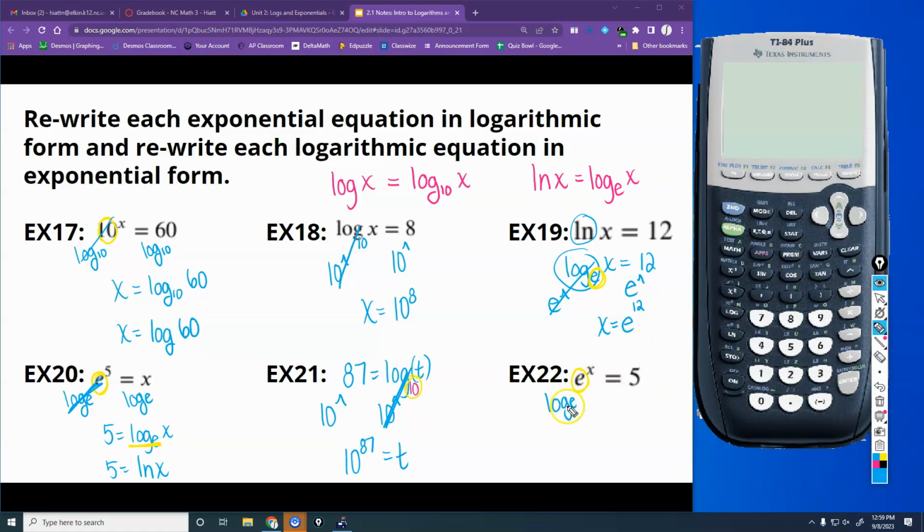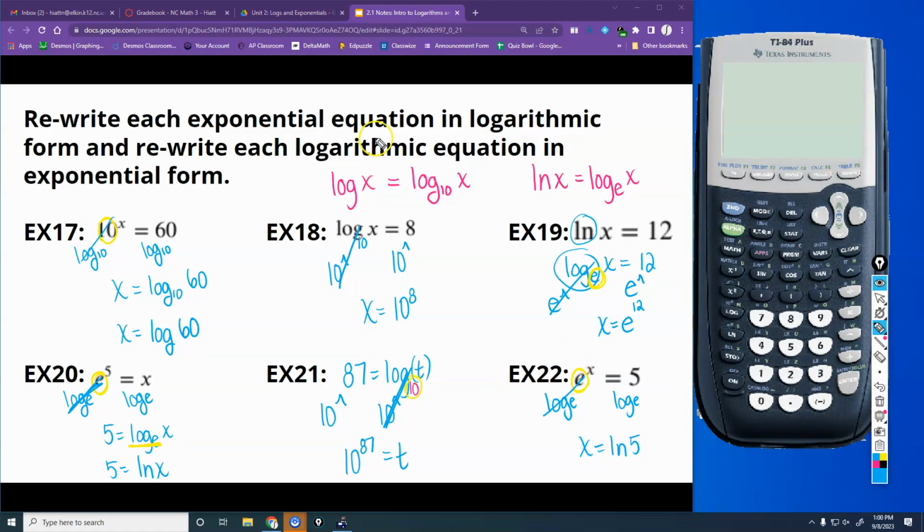I could do log base e, but that looks like you don't know what you're doing. So if I want to do a good job, instead of calling it log base e, I could do ln of 5, because log base e is the same as ln.